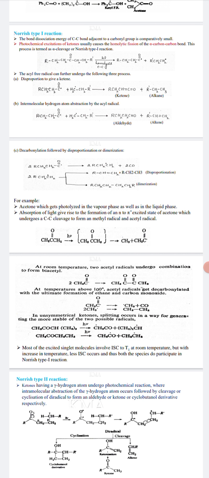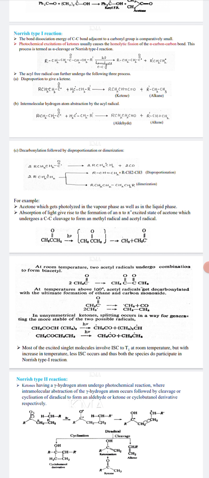Photochemical excitation of ketones usually causes the homolytic fission of alpha carbon bond. This process is termed as alpha cleavage or Norrish type 1 reaction. In the example, we have taken any ketone. Under light radiation h nu, it undergoes homolysis, that is bond breakage at the carbonyl carbon-carbon bond, and gives rise to two products.